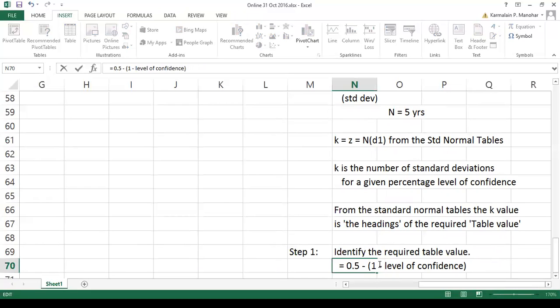So that 0.5 minus, actually, let's see if there's a better way I could say that. That's 5% and that's 50%, and then that's 95%.